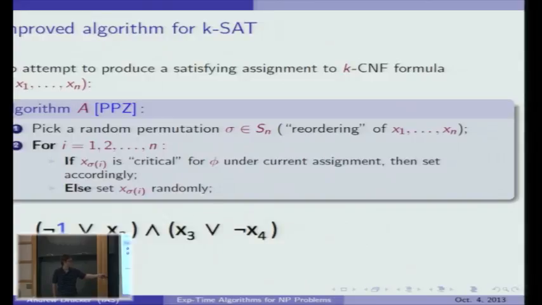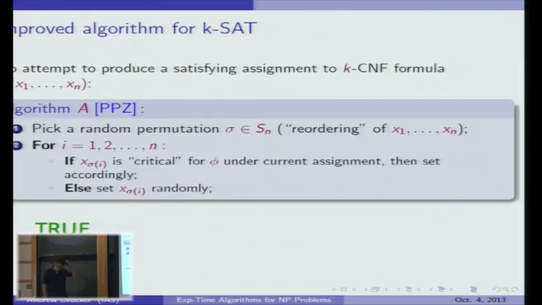This clause is not satisfied by this term, so we'll remove it, and we've simplified to this. Now let's say we randomly choose x3 as our next variable to be fixed. Well, x3 is the only term left over here, and it's responsible for satisfying this clause. If we set it to 0, we're finished. So instead of setting it randomly, we'll set it to 1. All right, and now the entire formula is satisfied, luckily.